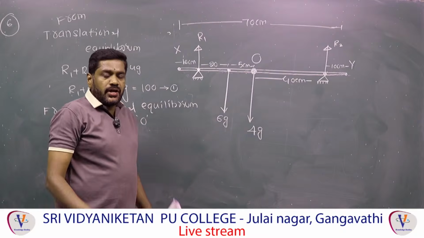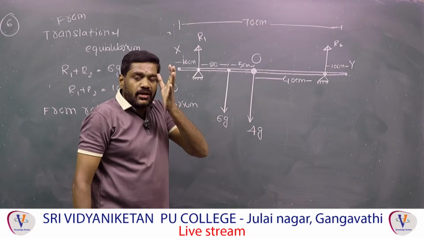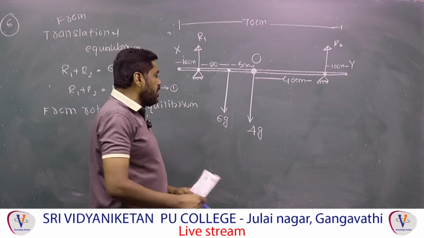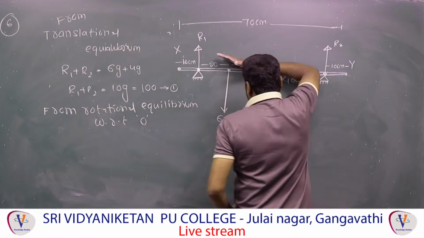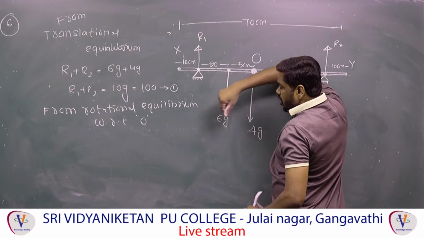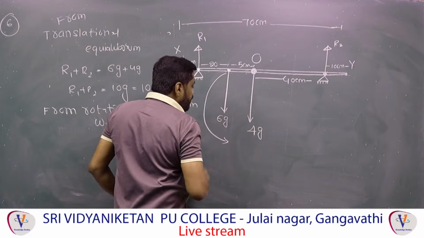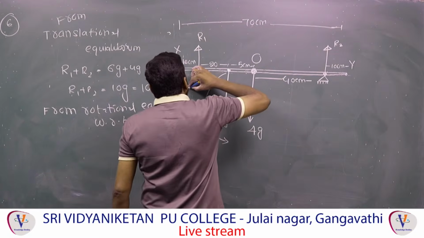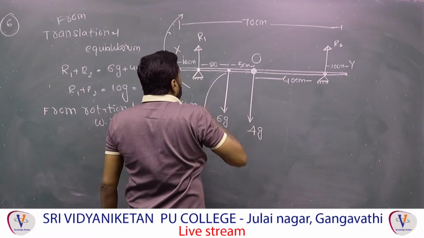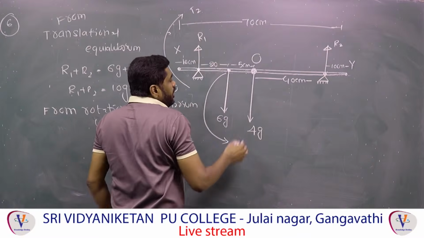Now first of all we have to understand, with respect to this center, how many torques are there. Total 3 torques will be produced. According to the right hand rule, one force produces anti-clockwise torque, and this force produces clockwise torque. This is tau 1, this is tau 2, and one more time.